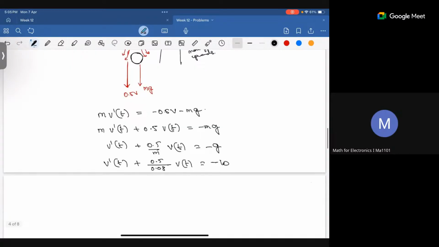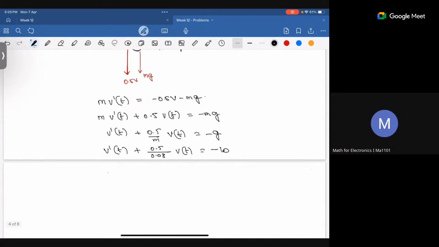Now you just have to simplify this. We'll have v'(t) plus 50 by 8 v(t) is equal to minus 10, or you can bring that 10 to the left side.